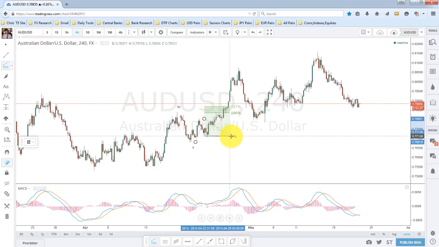When you measure this from the high to the low, you can see this equal legs move right here before the pullback. So the labels on this inner cycle will be a smaller degree W, smaller degree X, and then moving into the rest of that double.